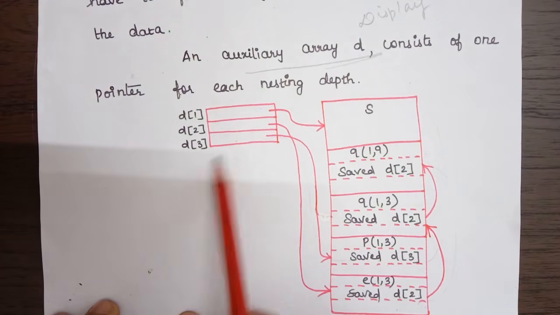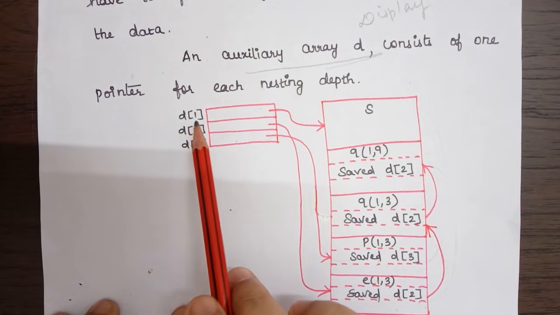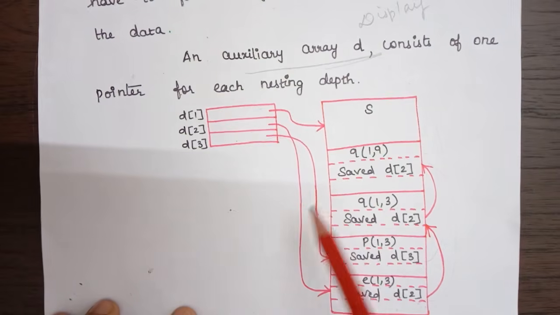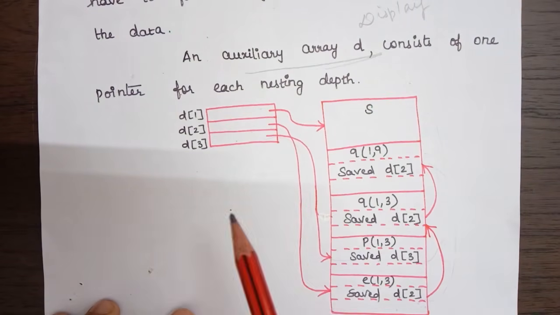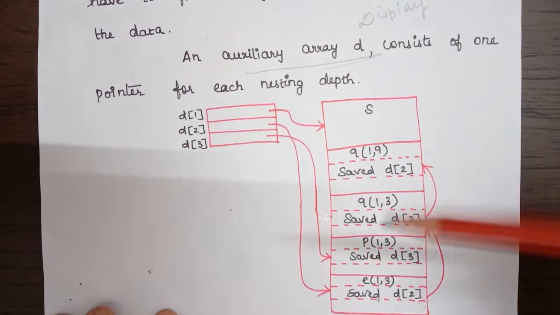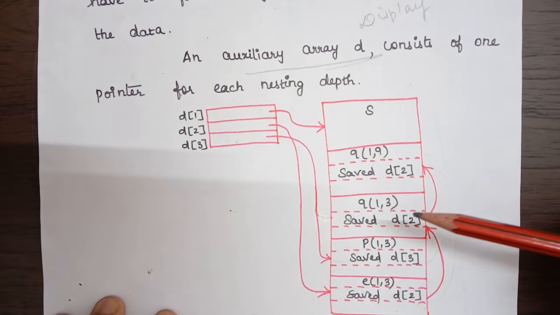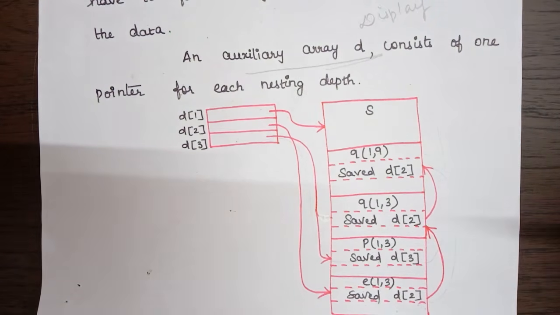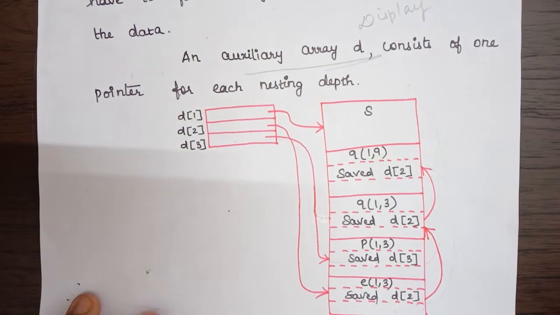Based on the value of the pointer in D, we can follow the activation record of that procedure, and with its help we are able to access the variables in some other procedure. So with the help of the display we overcome the problem that happens with access links.